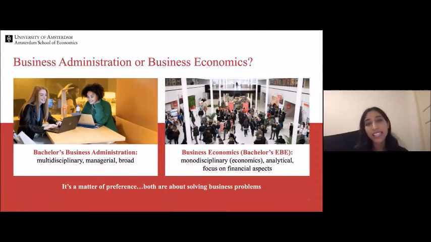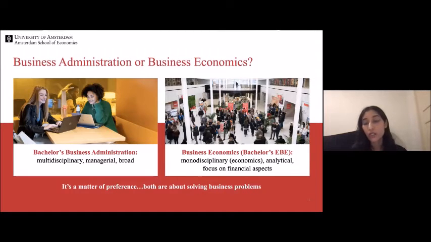The thing is, it's a matter of your preference. Both business administration and business economics programs are about solving business problems. However, the focus using which you solve these problems is different. In business administration, the focus is quite multidisciplinary and managerial, and it's a broad program.